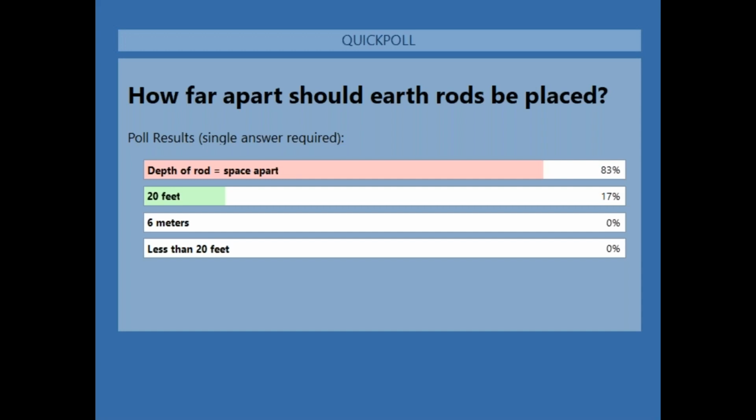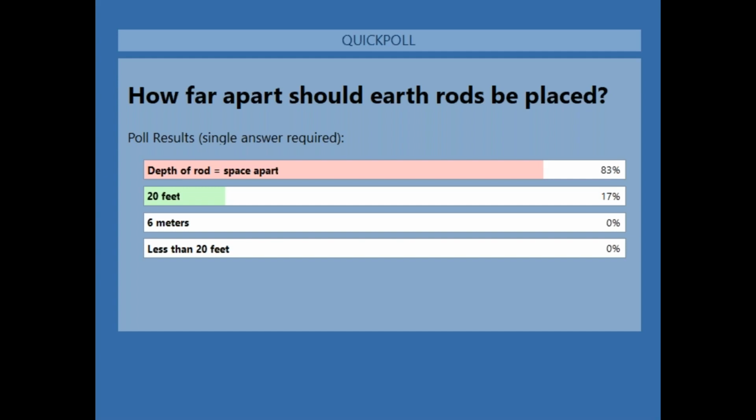We have a quorum: depth of the rod. That's very commonly seen. The depth of the rod is the effective spacing; you shouldn't go closer than the depth of the rod. If you go any closer, you're effectively influencing electrons that are trying to go into the soil, and you're losing the efficiency of the rods.